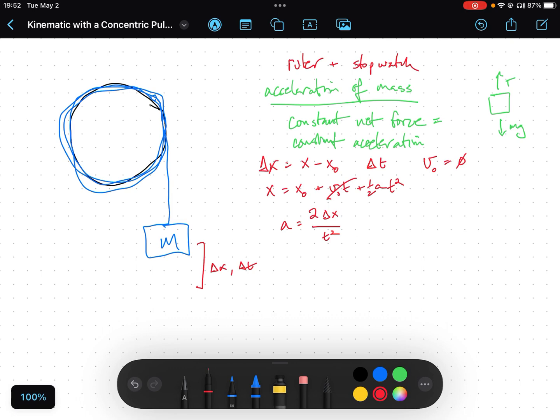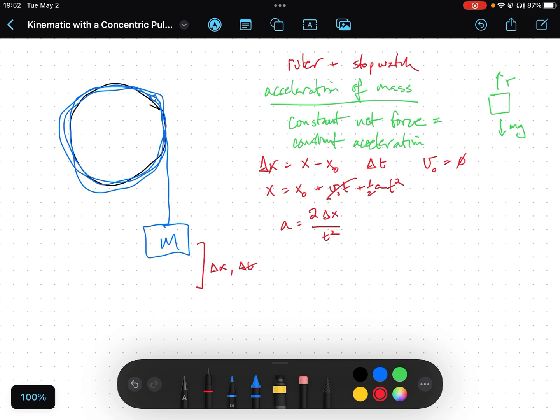Most of you noticed when you were testing that there was not constant acceleration. The acceleration was all over the place. It moved and then it slowed down and then it sped up. And that's because, for a variety of reasons, the net force was not constant. One of the big reasons is that these big clumsy cotton strings that we're using were kind of sticking, so they weren't unraveling smoothly.